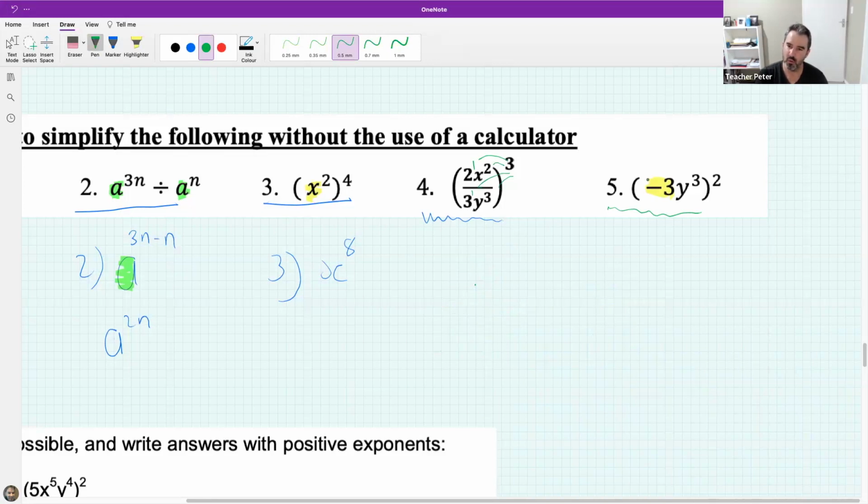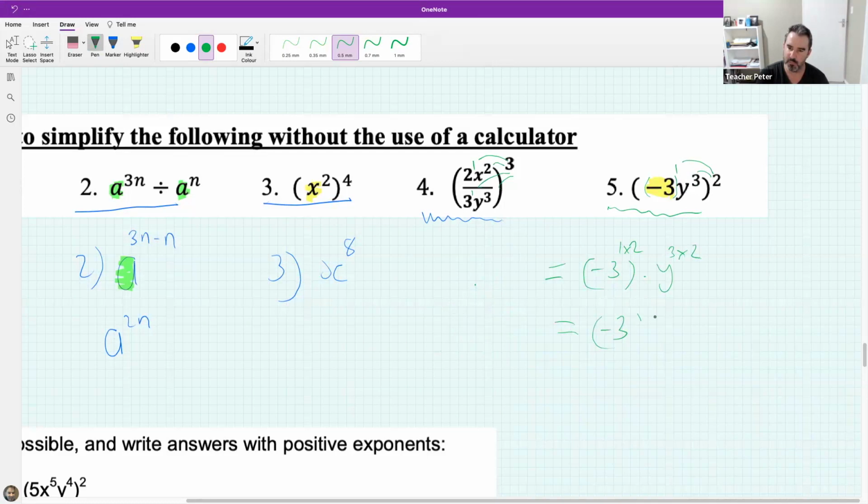Well, what I do is I put a little bracket around it and I give it a 1. And then I know, like before, the 2 gets multiplied by each of the things inside. So I end up with, let's say, 1 times 2, and then this can be 3 times 2.